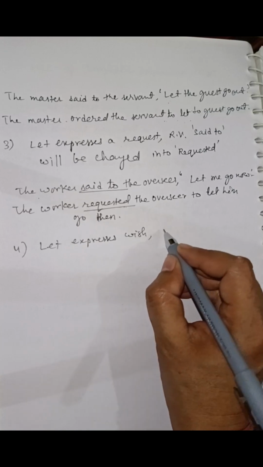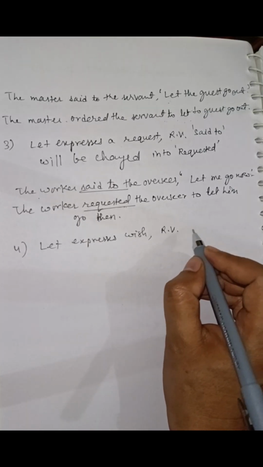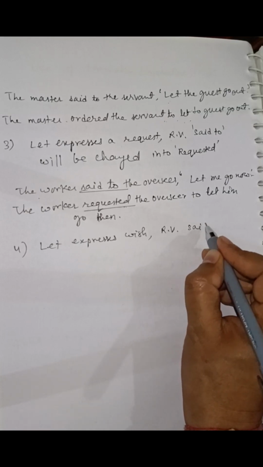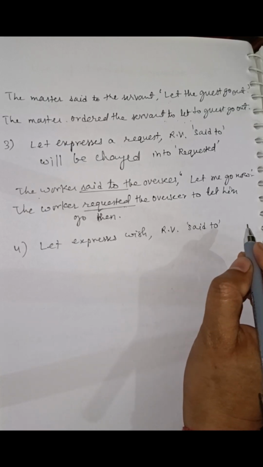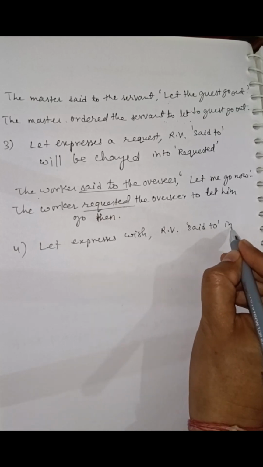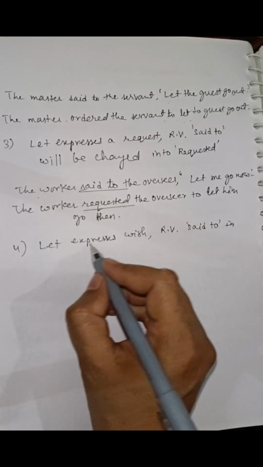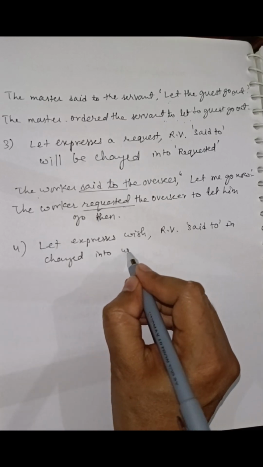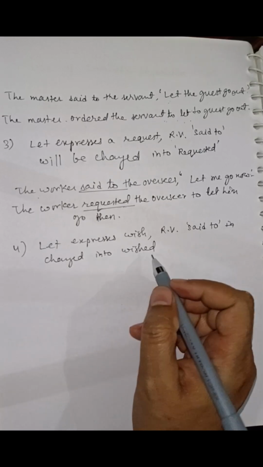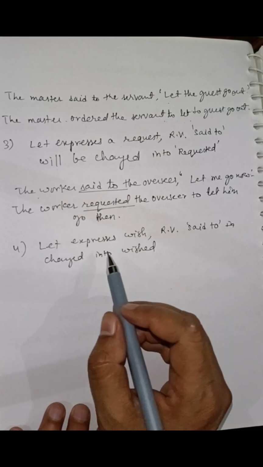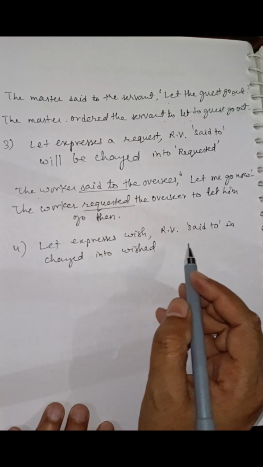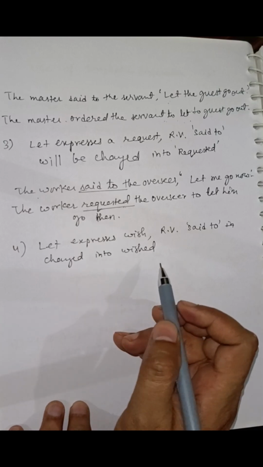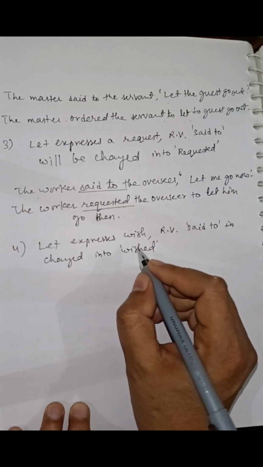So in this case, the reporting verb said to will be changed into wished, right? So let also expresses wish, in which the reporting verb said to is changed into wished.